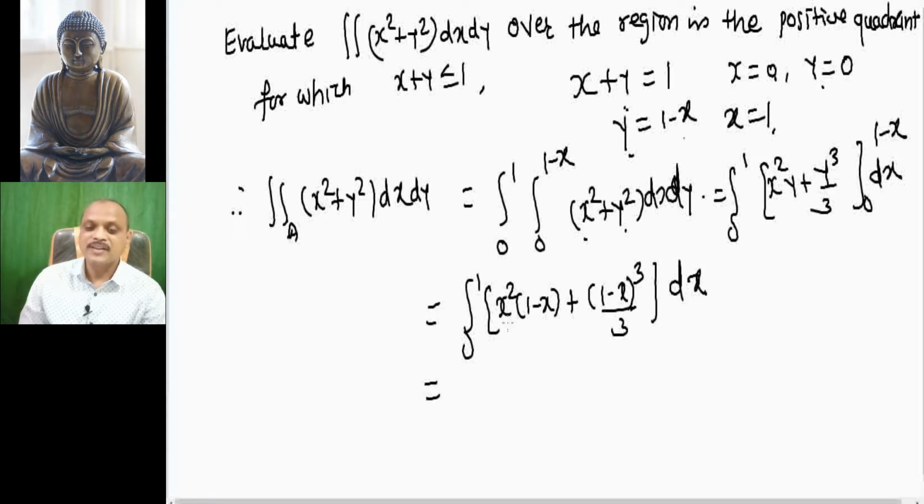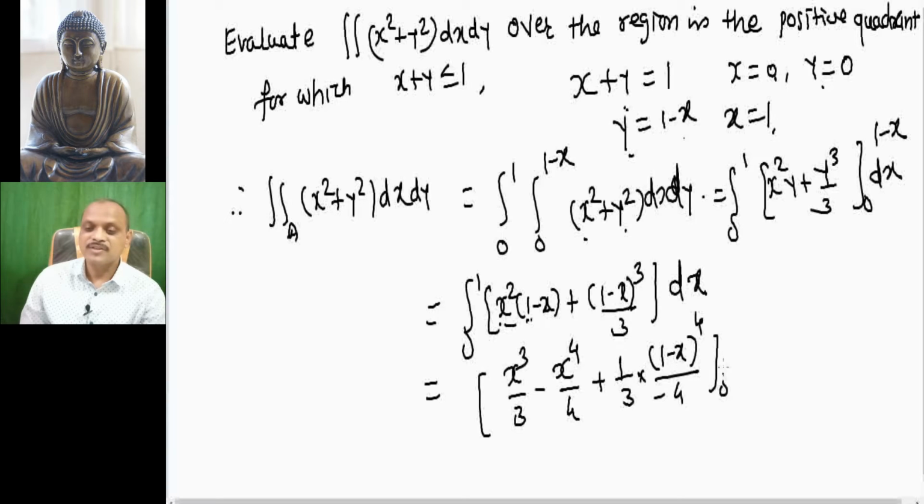So when we integrate this, x square into 1 gives x cube divided by 3, minus x into x square, x cube, whose integration is x raised to 4 divided by 4, plus 1 by 3 into 1 minus x whole raised to 4 divided by minus 4, between the limits 0 to 1.